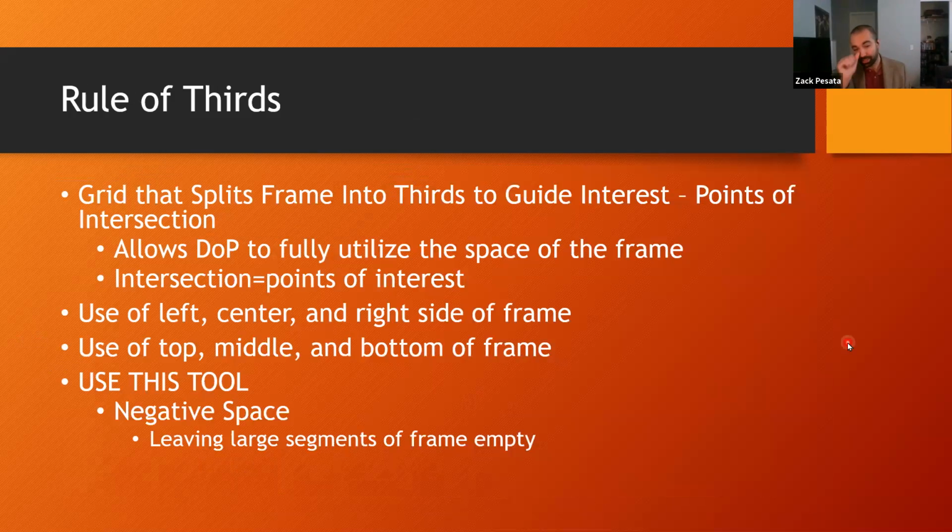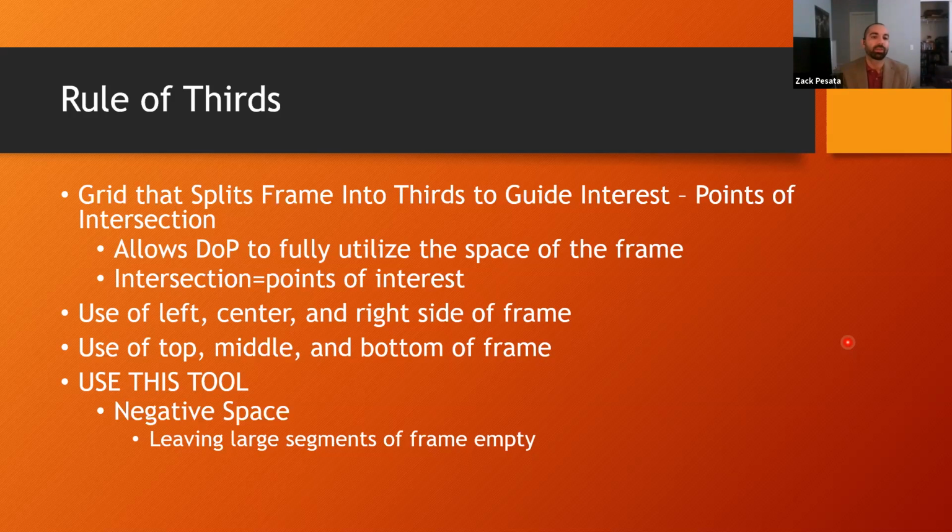Okay, this is one of the things I really want to focus on, using the rule of thirds. So I'm going to break down all of the different thirds of a frame and all of the opportunity cinematographers have to compose an image. And to really understand how it's done, we need to use the same tool that cinematographers do.